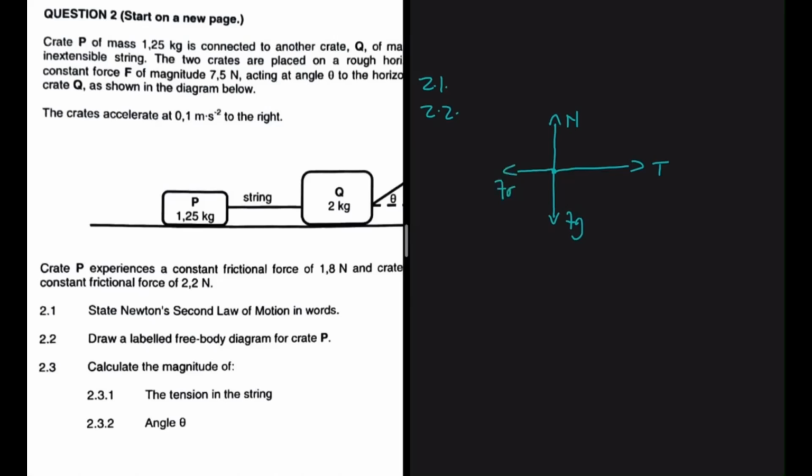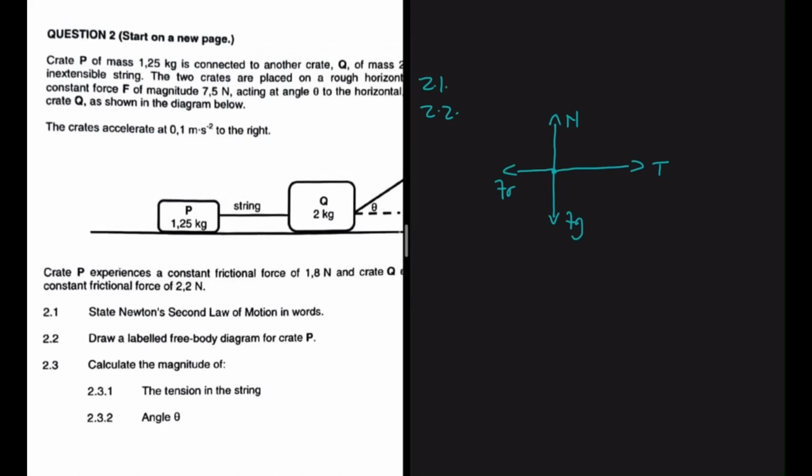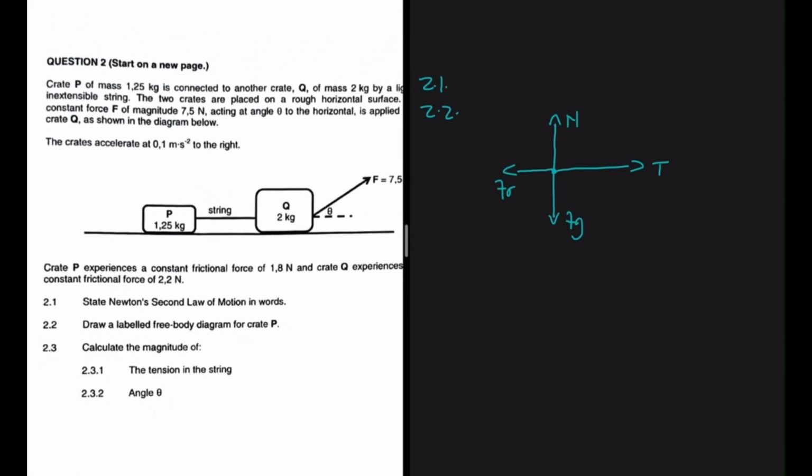Why is the vector for the frictional force shorter than the vector for the tension? It is shorter because the crates are accelerating to the right, so the tension force is overpowering the force due to the friction. We must show that in the length of the vectors.